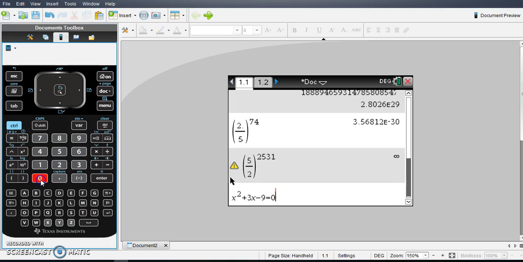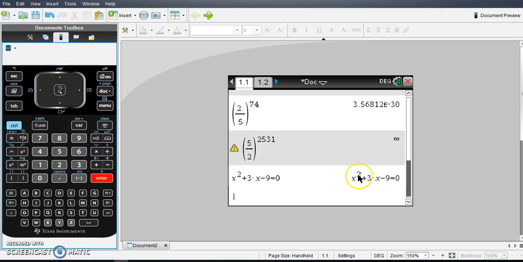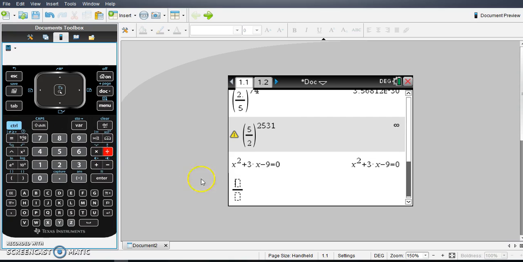Equals 0. And I was asked then to solve this for x. Now we all know that we can use the quadratic formula. So what I can do is I can use my fraction function to put the parts of the quadratic formula in and get a solution out.